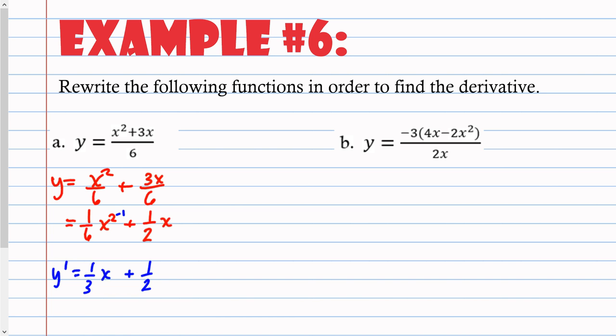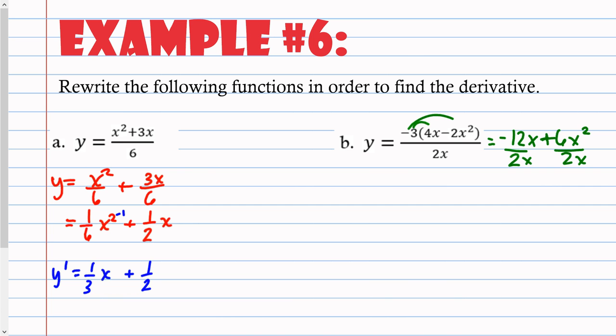B, same idea, only a little more simplifying comes in here. For example, I'm going to have to distribute that -3 to make my life a little easier. So I have -12x plus 6x squared, and each is going to be over 2x, because I'm going to split up these terms.